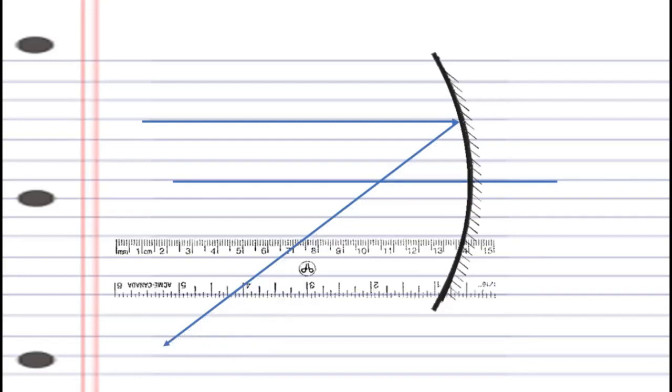Let us take one more incident ray at the bottom. And here we have to draw again an incident ray, just like how we have drawn on the top. And that incident ray falls on the concave mirror and reflects backward. And when it reflects, it has to follow the law of reflection. Now, is our scale properly placed?